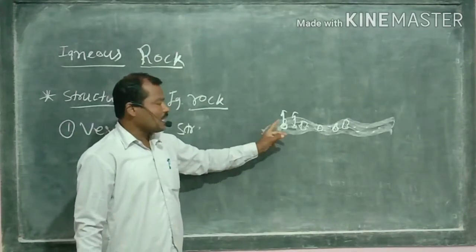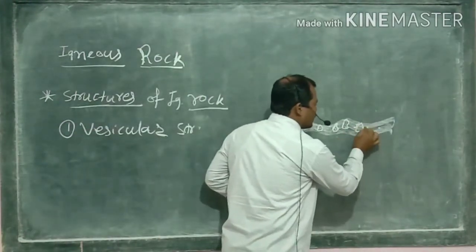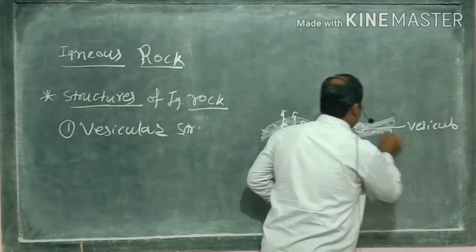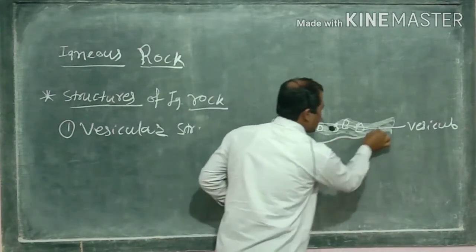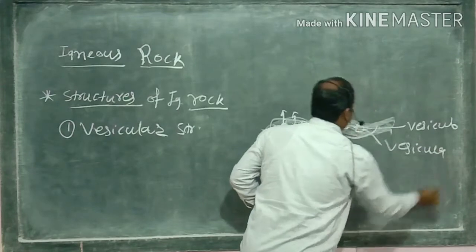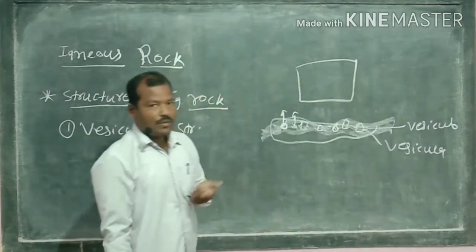Those gaps are called vesicles, and the total structure is called a vesicular structure. Look, this is one specimen. It may be basalt.